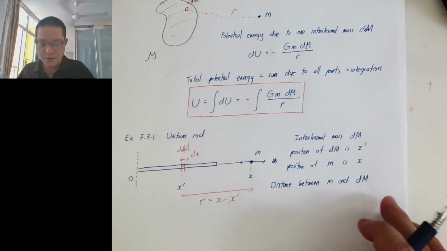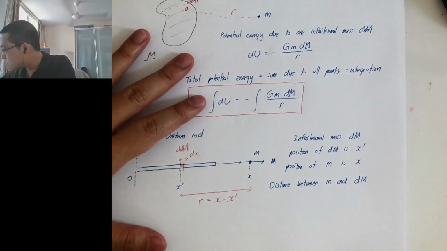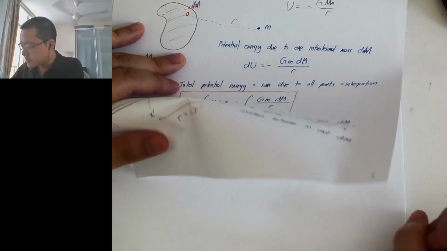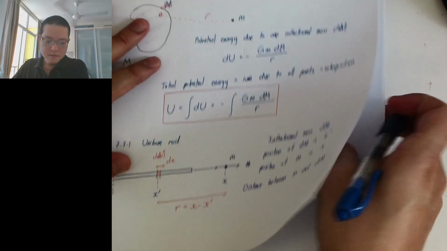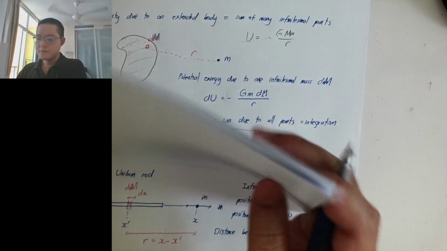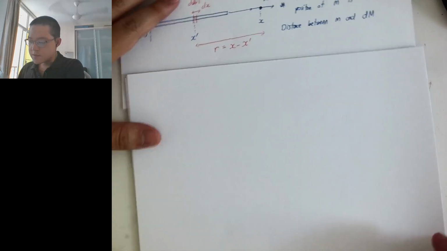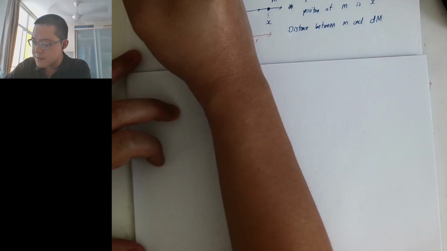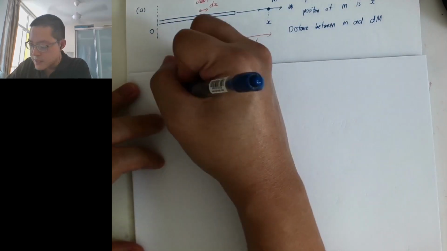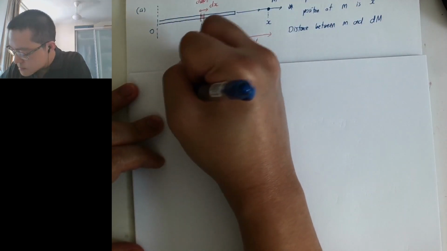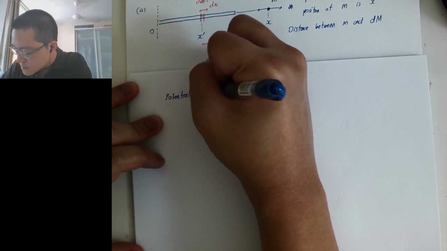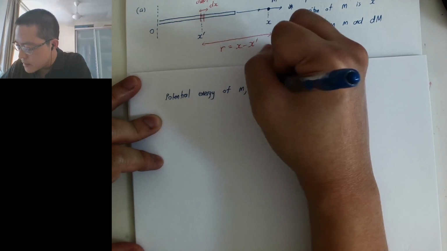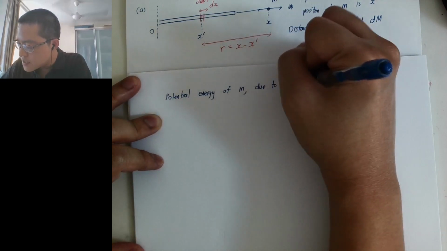Let us try to perform the calculation. Firstly, let's look at the infinitesimal first. We are solving part A first, the potential energy of small m due to just this section first.